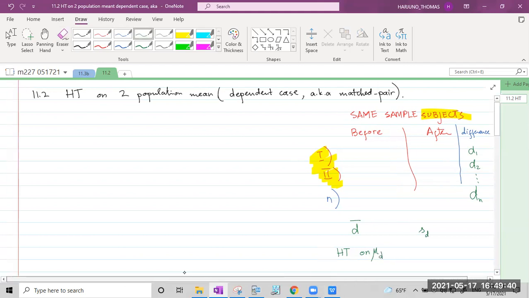Let's see the pattern first, the template for the procedure. Step 1, no difference. Step 2, hypothesis. The null hypothesis will be mu1 is equal to, less than or equal to, or greater than or equal to mu2.